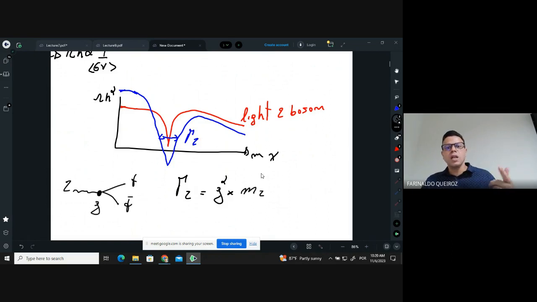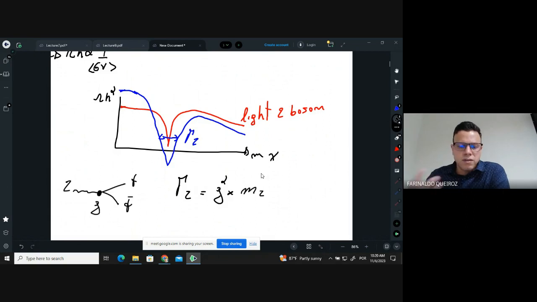At the amplitude level, I have to square the amplitude, and then I get a g squared dependence. And I also have an m_Z dependence, because the heavier the Z boson, the more channels I can decay into. Therefore, the larger the mother particle mass, the more channels I can decay into. Therefore, the decay rate is proportional to the coupling squared times the mass of the mediator.